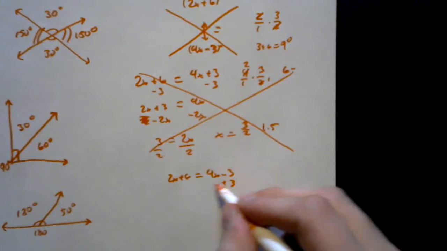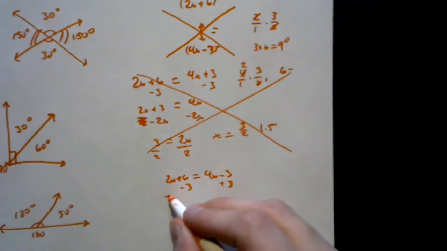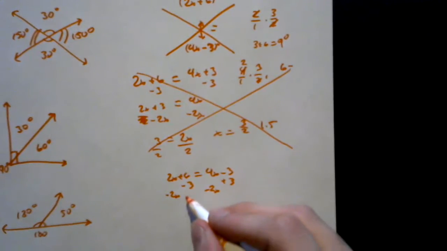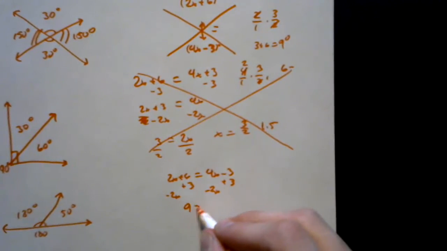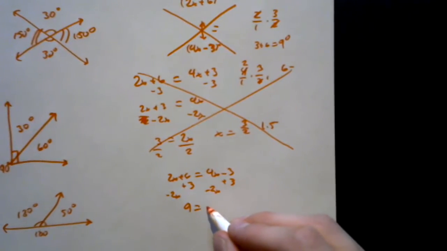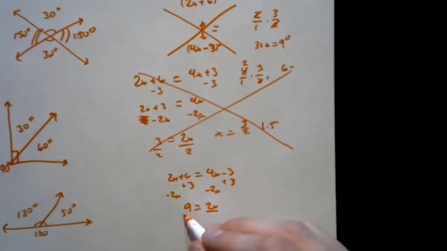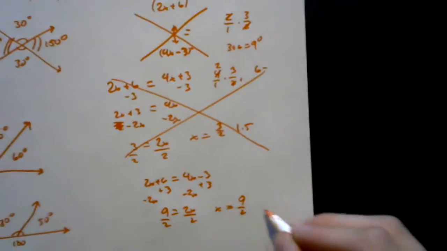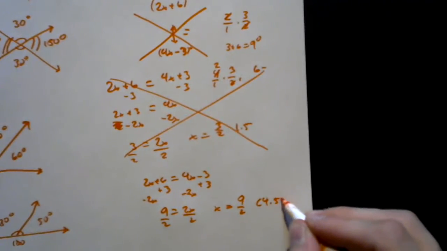You add the 3, minus the 2x, minus the 2x, getting you 9 equals 2x, divided by 2, equals 9 halves or 4.5.